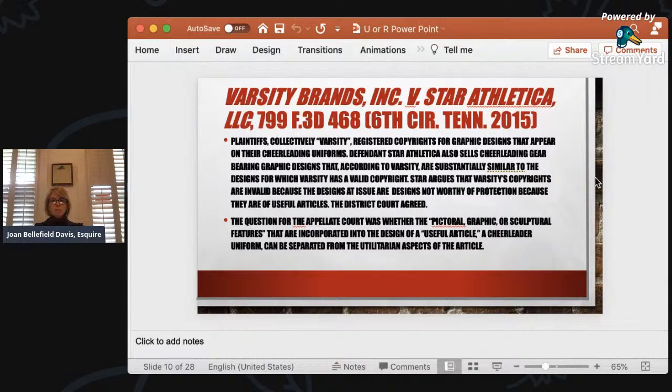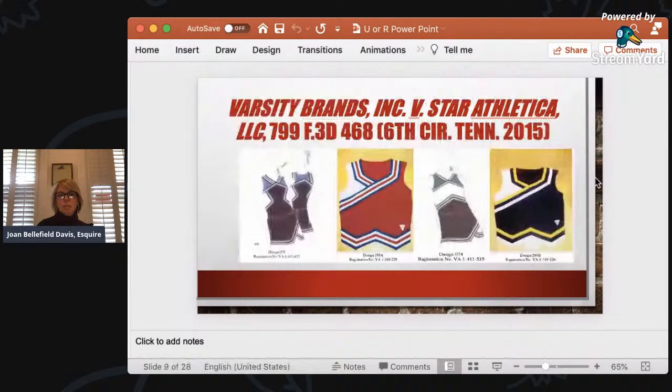In this instance, though, the court was looking at the fact that these designs, could they exist apart from the cheerleading uniform? So one of the tests that they looked at was if you took these chevrons and these designs off of the uniform and you placed them, could you place them on the wall, and then would they be subject to copyright protection?